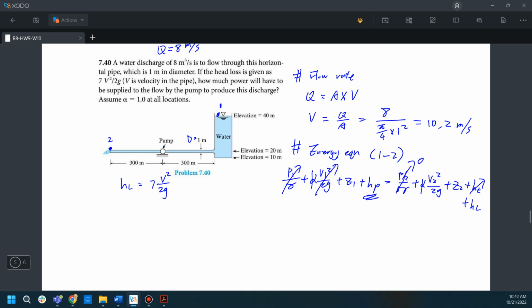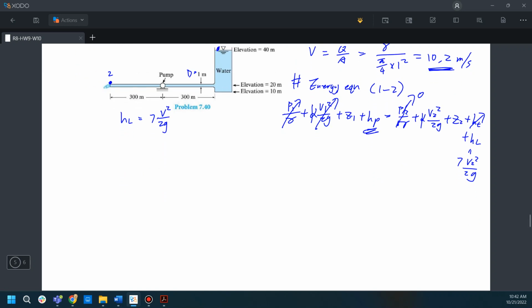We know the velocity V2, which is equal to 10.2. Z2 is also known, and the head loss is equal to 7 V2 squared over 2g, because here is the head loss. Cool. Now you can see in this equation that HP is the thing that we don't know.